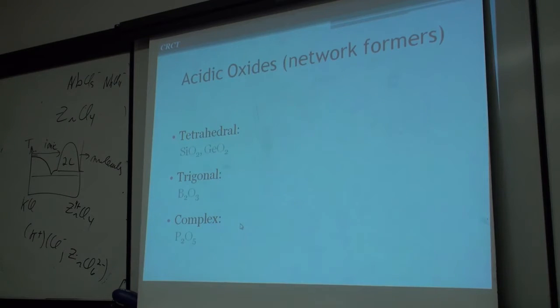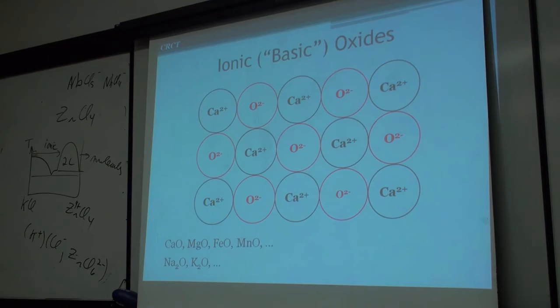Now, when you get to what they call acidic oxides, these are network formers, is what the ceramic people call them. The metallurgists call them acid oxides, whereas the calcium oxide, going back here, the metallurgists would call the ionic oxides basic oxides. The ceramists or glass people would call these network modifiers.